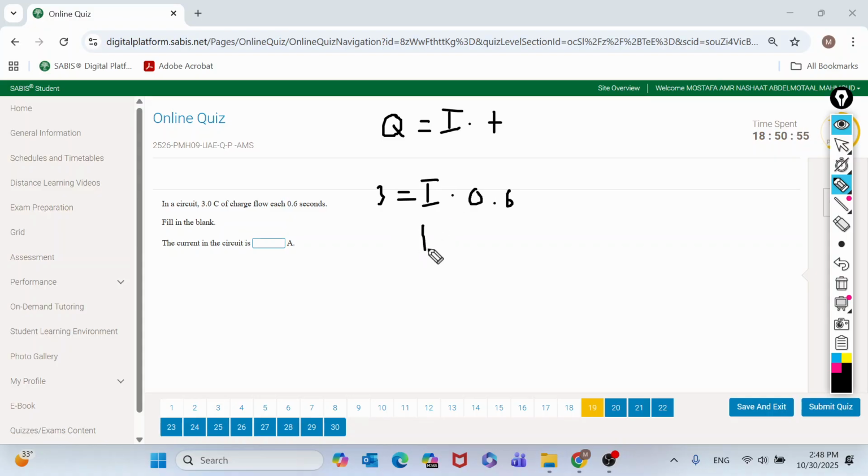So I equals 5, I think. I equals 5. Just applying the formula.